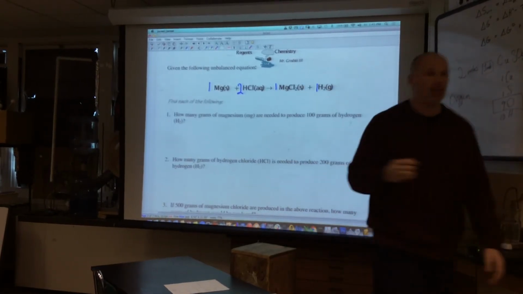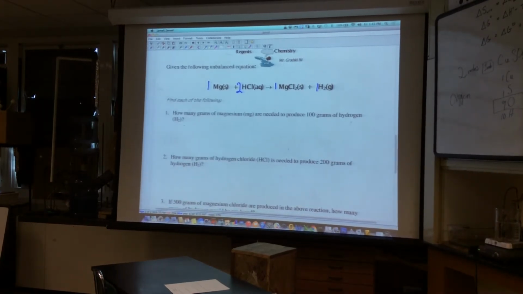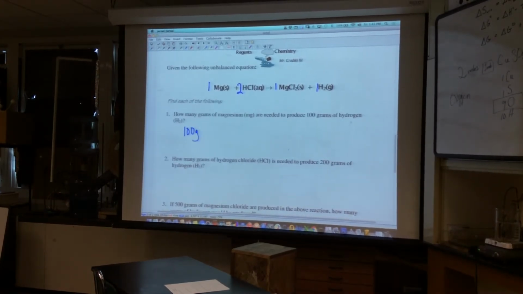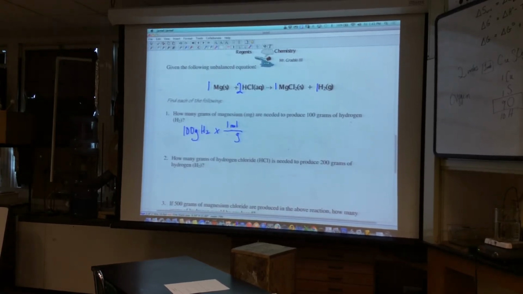So how many grams of magnesium are needed? If I have 100 grams of hydrogen, my first step, party people, I take 100 grams of hydrogen. I'm going to convert to moles. Where do grams go? On the bottom. And I want a mole, or I want the equivalent of a mole. How many grams equals 1 mole of H2? Well, each H has an atomic mass of 1, so 1 plus 1 is 2.